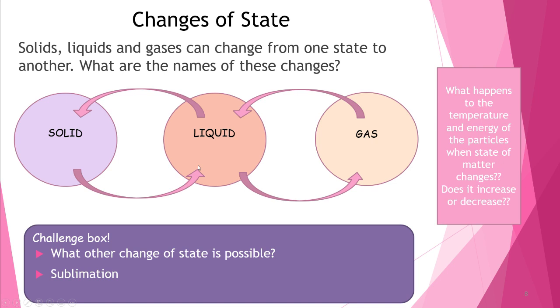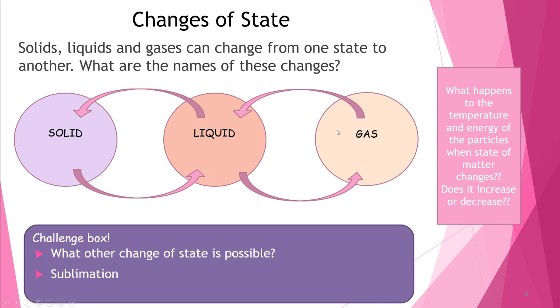When liquid changes into a gas, particles need to gain further energy so they can move fast and move further apart. So yes, the energy level increases. Both temperature and energy increase.